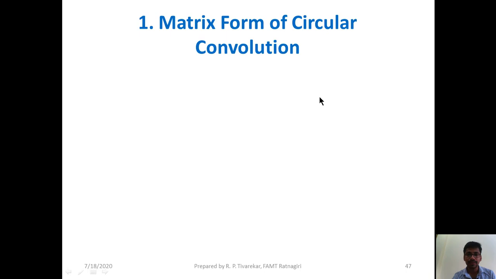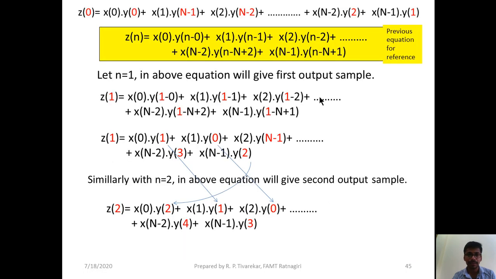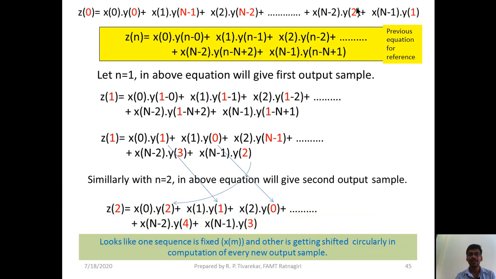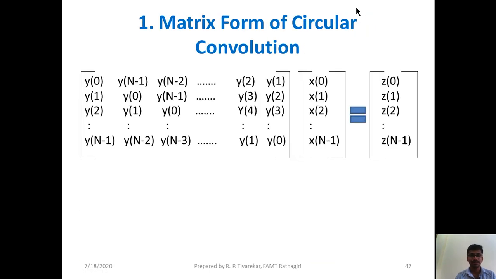If I go back and back, see here, z0 is x0 y0 plus x1 and so on. So these y values, y of n minus 1, y of n minus 2 and so on, all these y values are written as it is in that matrix at the first place here. Similarly, from equation z1, I have copied all values in the second row. From equation z2, I have copied all y values at the third row and so on.